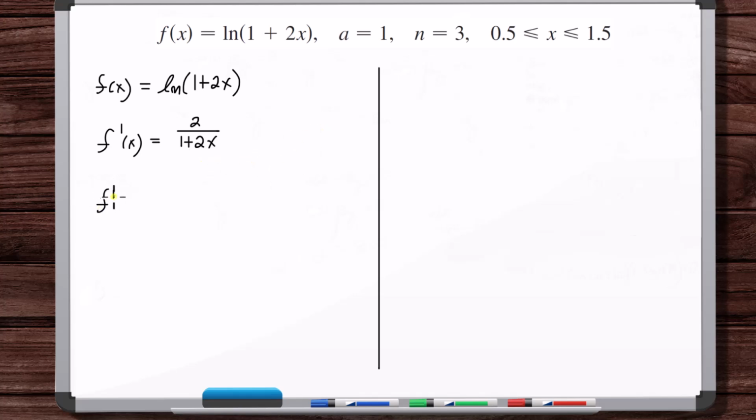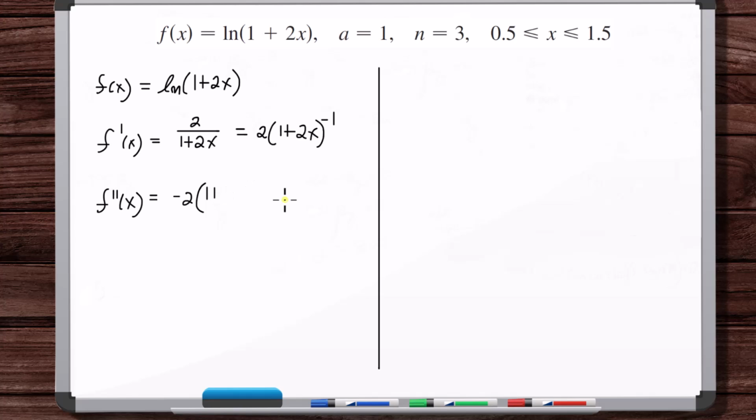Okay, f double prime is, let's see, so this is 2. Okay, power rule, you get minus 2. Then times the derivative of 1 plus 2x, which is just 2, so it's minus 4 over 1 plus 2x squared.